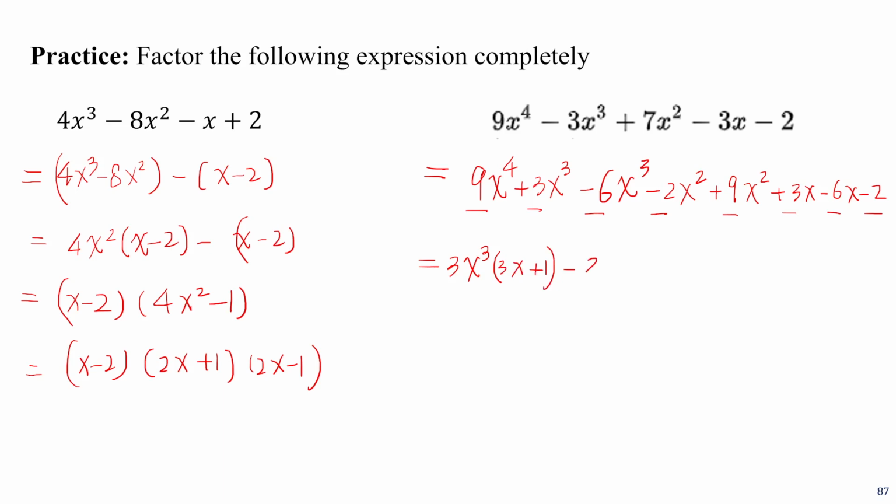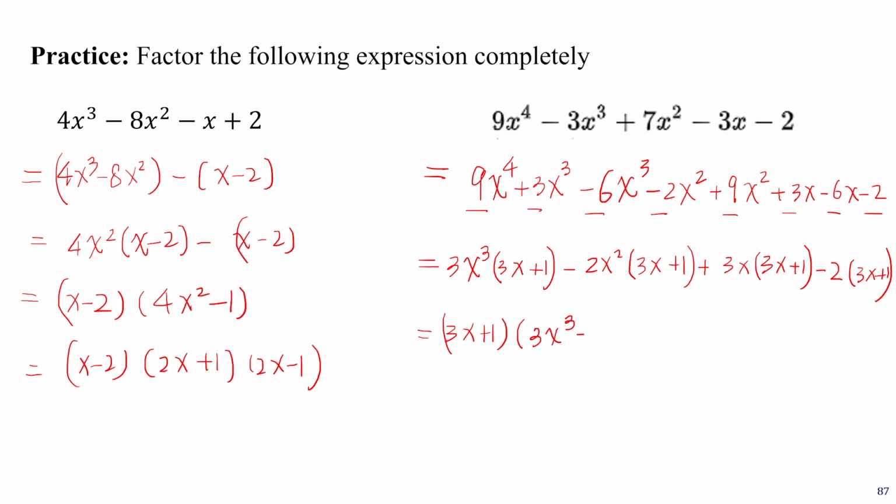Then minus 2x squared, you will also have a 3x plus 1 here. Then plus 3x times 3x plus 1. Then minus 2 times 3x plus 1, right? So in the next step, 3x plus 1 is a common factor. We can put it in front. Then we will have 3x cubed minus 2x squared plus 3x minus 2.